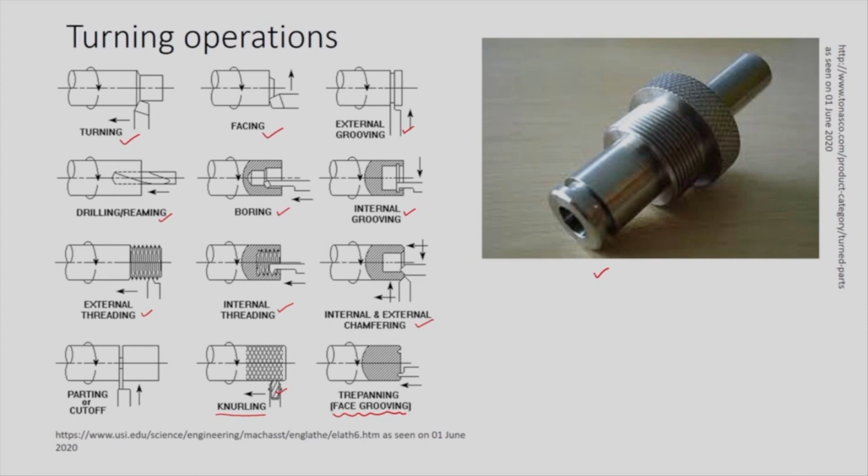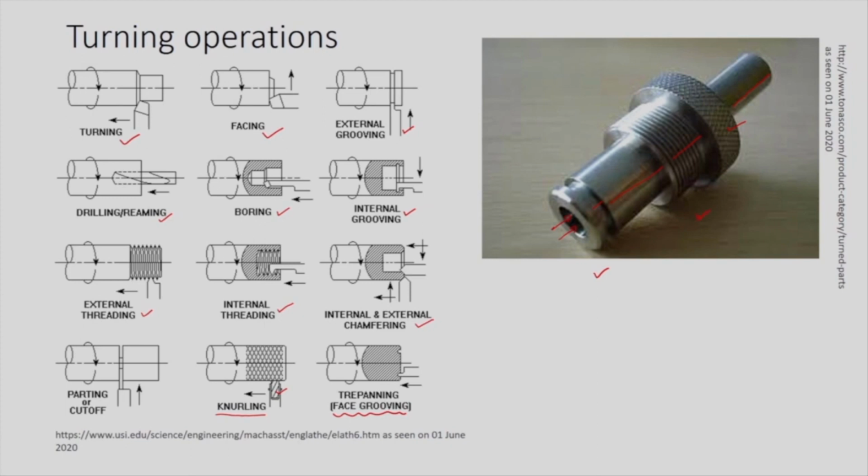Here you can see this is the groove, this is the turned portion, these are the threads which are manufactured, this is the knurling portion, and again a step turning has been shown over here. This part also has the drilled hole as well. Such parts or components are the real components in the industry.